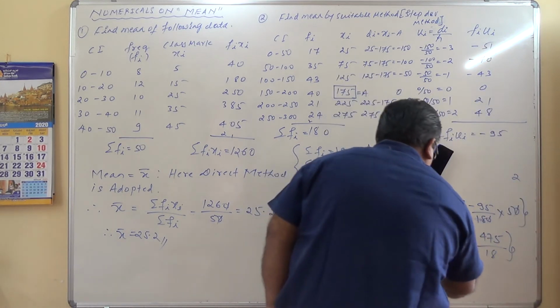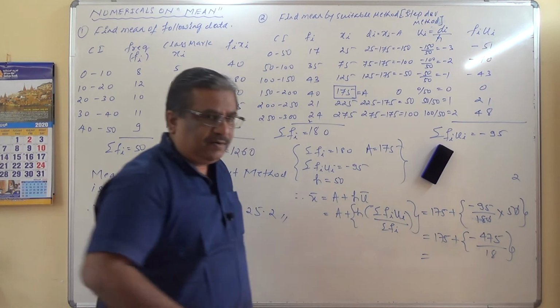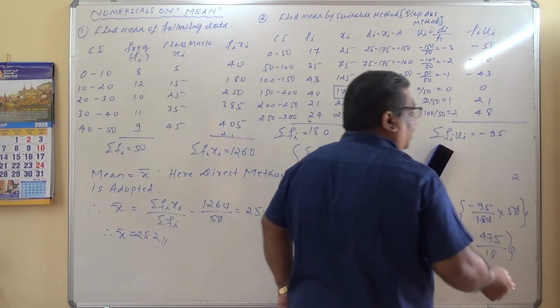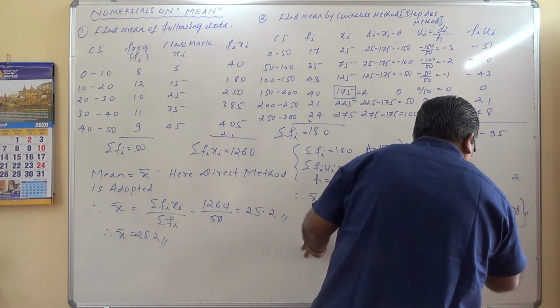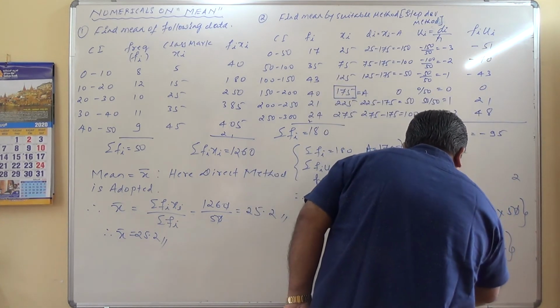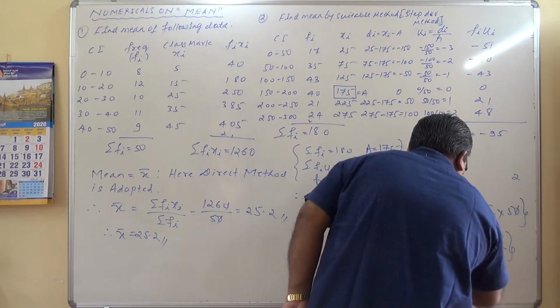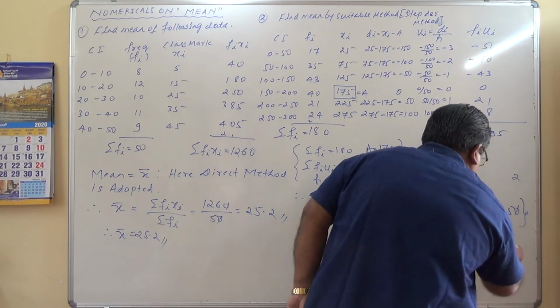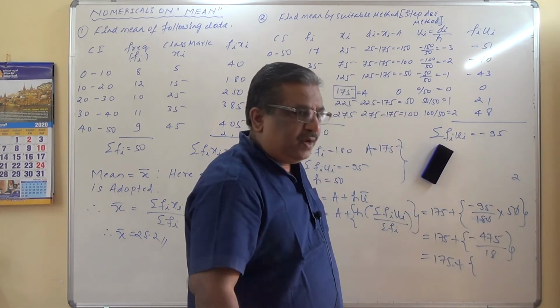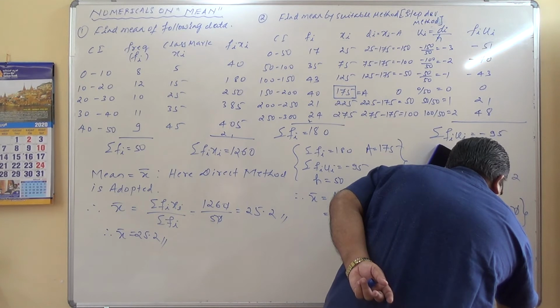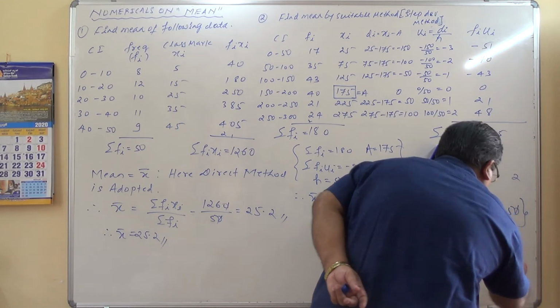Okay, so this is how we are getting it. If you work it out, it will be 175 plus, here we are getting approximately 26.39.